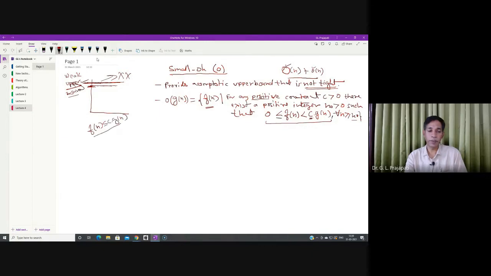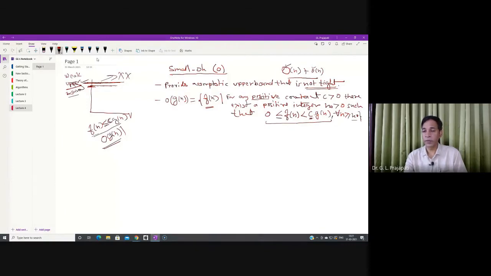This was the case of the big O notation. So in the case of big O notation we have the less than or equal to sign, and we have mentioned that there exists some positive constant. It means you need to determine just one positive constant c, for which you have the value of n0, such that you have the condition like this.